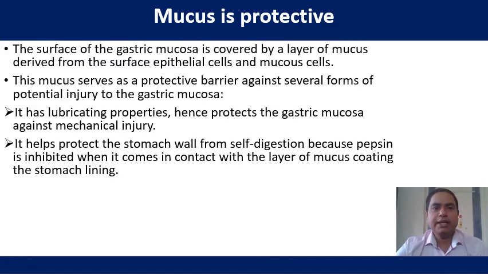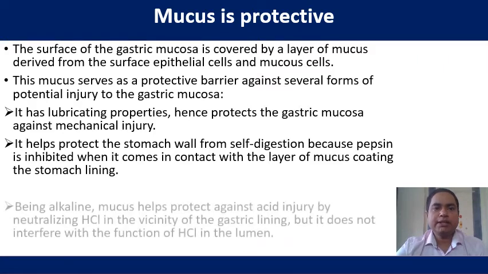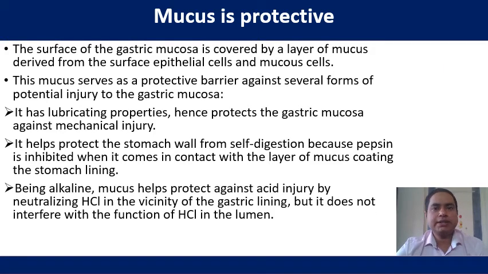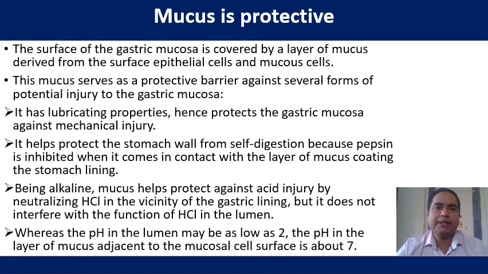Being alkaline, the mucus helps protect against acid injury by neutralizing HCl in the vicinity of the gastric lining, but it does not interfere with the function of HCl in the lumen. So whereas the pH in the lumen may be as low as 2, the pH in the layer of mucus adjacent to the mucosal cell surface is about 7.